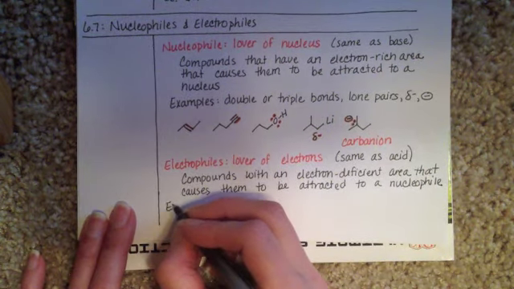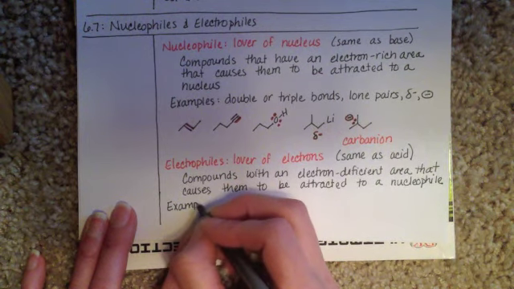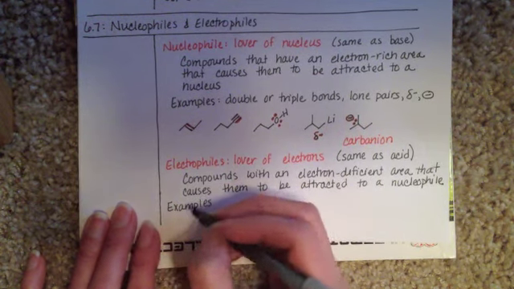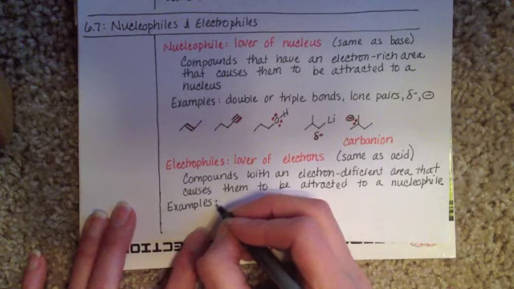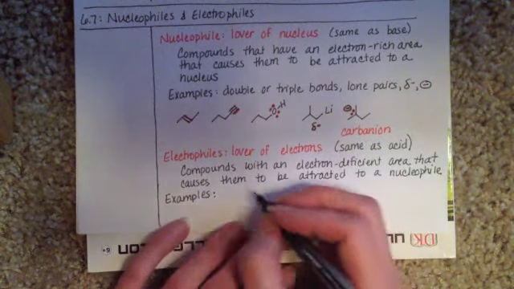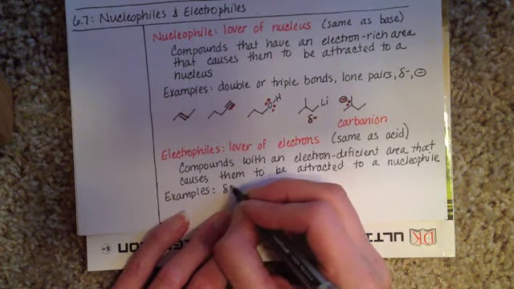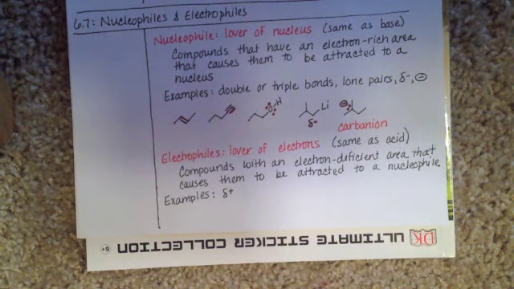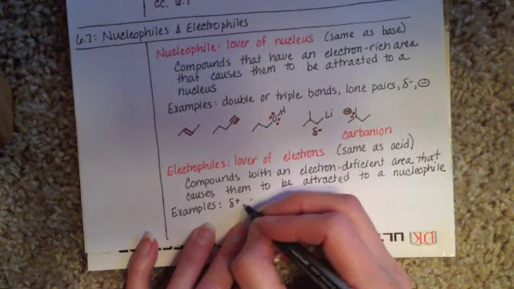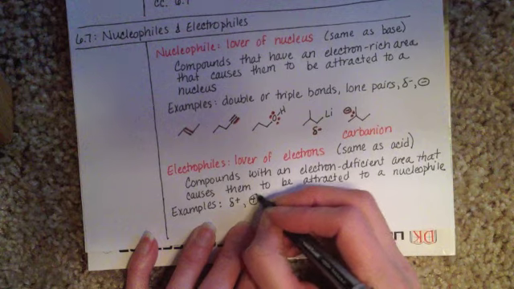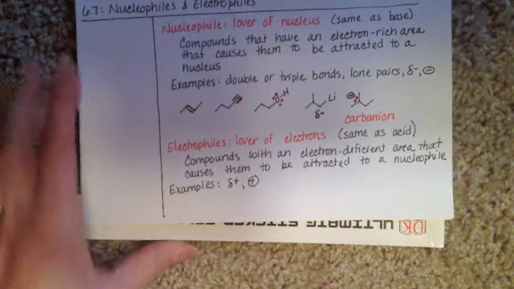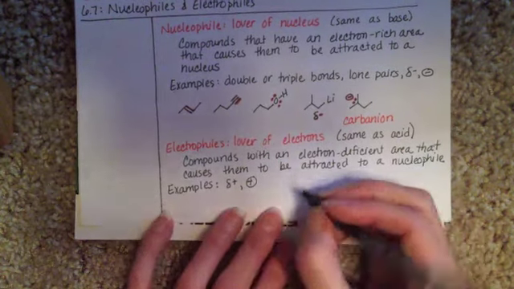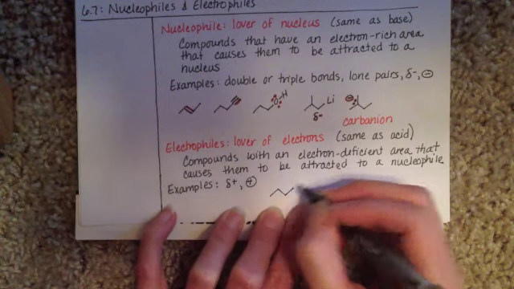Examples of electrophiles, there aren't as many, are molecules that have a partial positive charge, maybe due to resonance or something like that, or a full-on positive charge, positive formal charge. Structural examples would be, again, a polar bond.